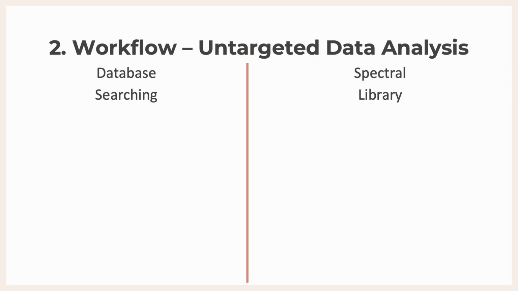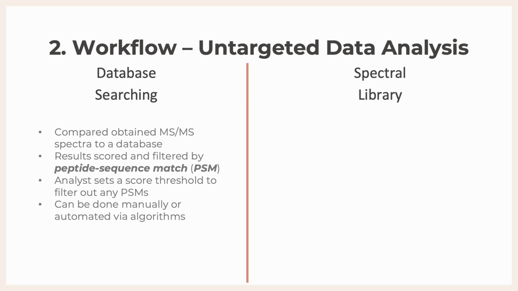So the first method for untargeted data analysis is database searching. This is essentially just comparing your experimental data to that of a database. Pretty simple. You're going to score them by a peptide sequence match, essentially saying how well do the spectra from the database and the ones that I got match?